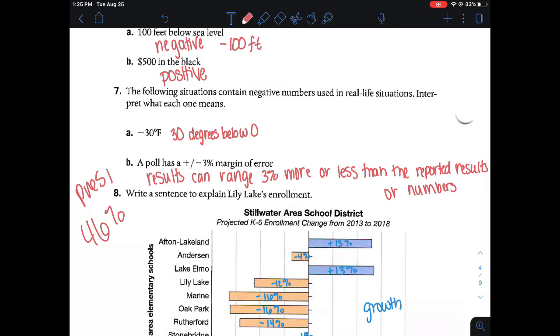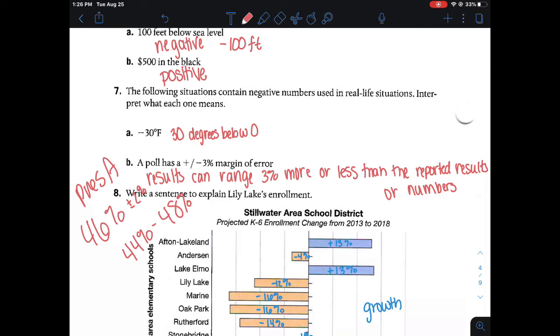This is President A. Okay, 46% of the vote plus or minus 2% margin of error because sometimes votes are miscounted, usually not a huge margin of error. If you had a 90% margin of error, that's a terrible margin of error. So this means that in reality, President A could have between 44% and 48% of the vote.